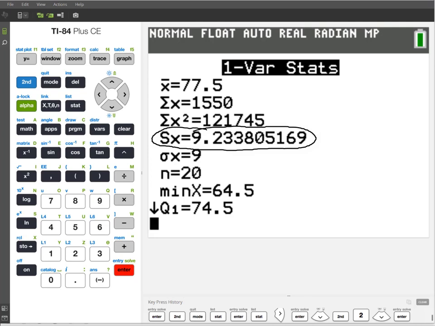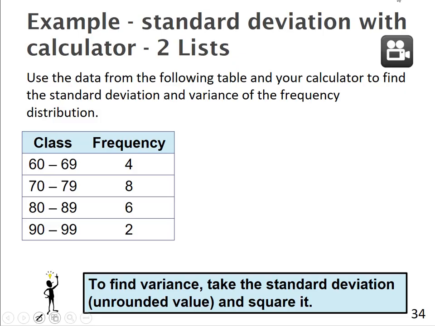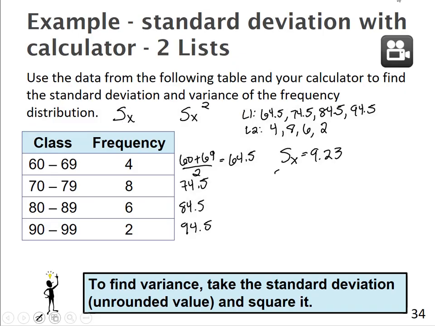All right, so I'm going to take 9.233805169, and I'm going to square it.